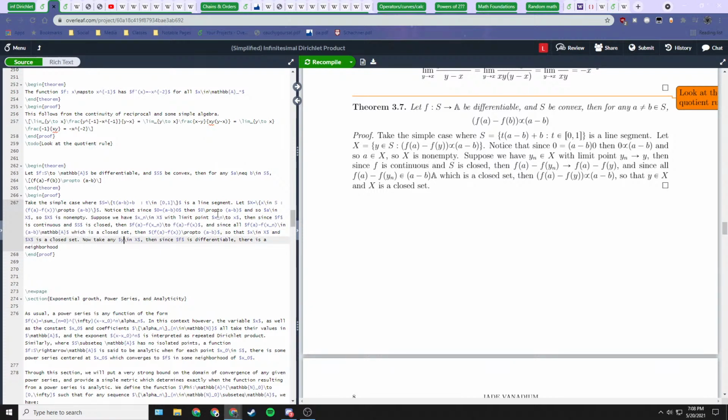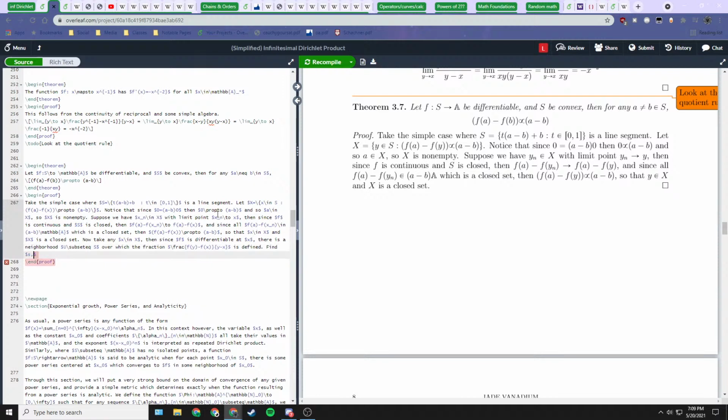Okay, so take any x in X. Since f is differentiable at x, there is a neighborhood U subset of our set S, over which the fraction f of y minus f of x over y minus x is defined.